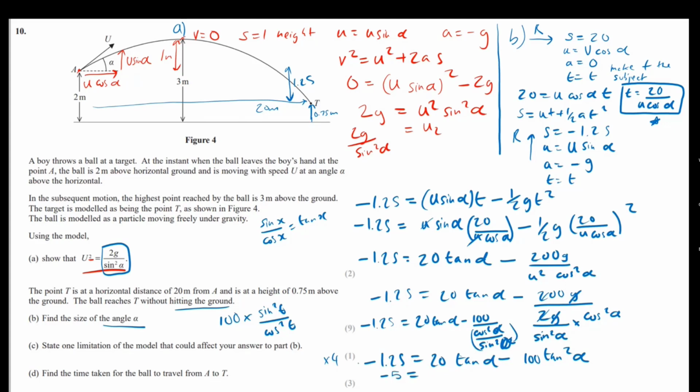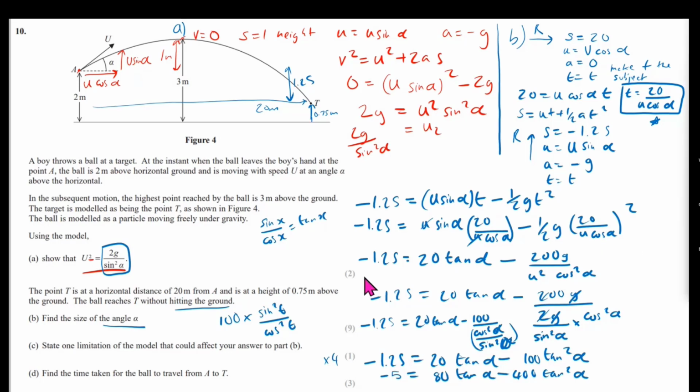Times it by 4 equals -5. That's correct. Times that by 4 is 80. Minus 400. Rearrange that to 0.